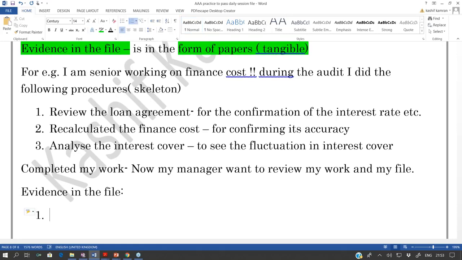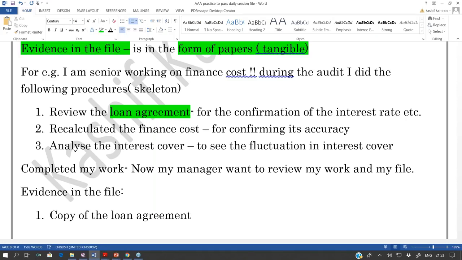First of all, because I reviewed the loan agreement, my manager will see the copy of the loan agreement in the working paper file. And the moment the manager sees the copy of the loan agreement, he will be assured that, being a senior, I have reviewed the loan agreement.